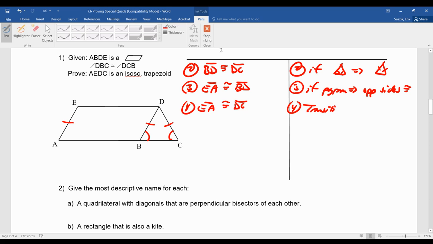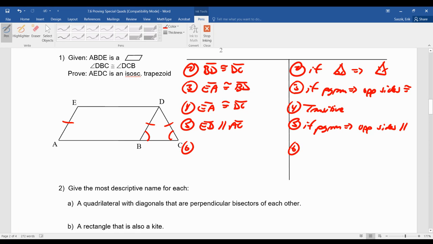Transitive. Now remember, this thing was a parallelogram to begin with, so we can say that ED is parallel to AC. And that's if parallelogram, then opposite sides parallel.